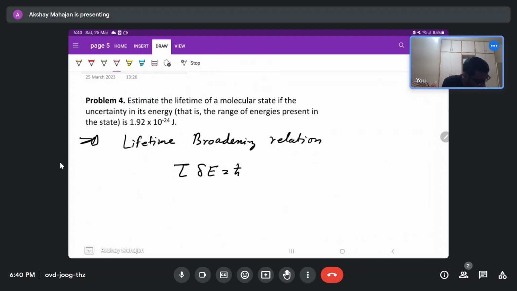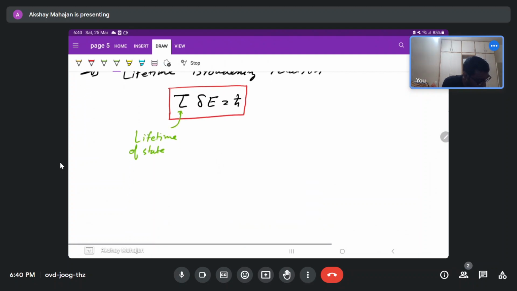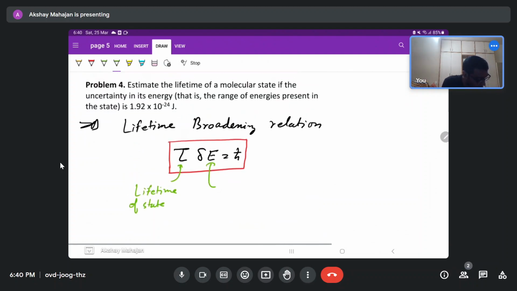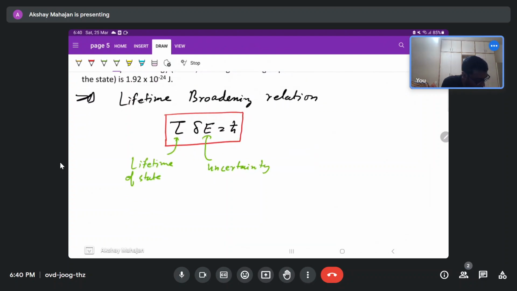This is the lifetime broadening relation, where tau gives you the lifetime of the state that we have to find, and del E is the uncertainty in energy. So it will be the uncertainty in the state's energy.